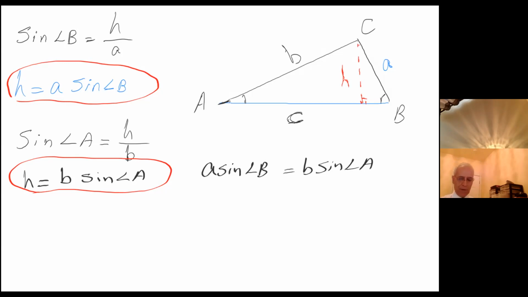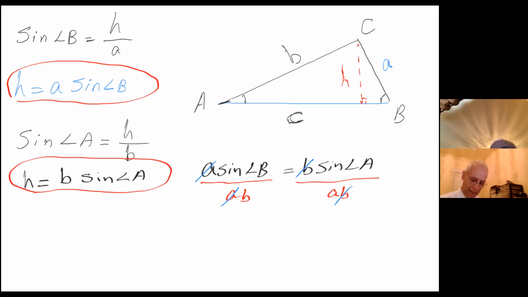And if I divide both sides of this equality by ab, notice that I can cancel the a with this a, and I can cancel this b with this b.